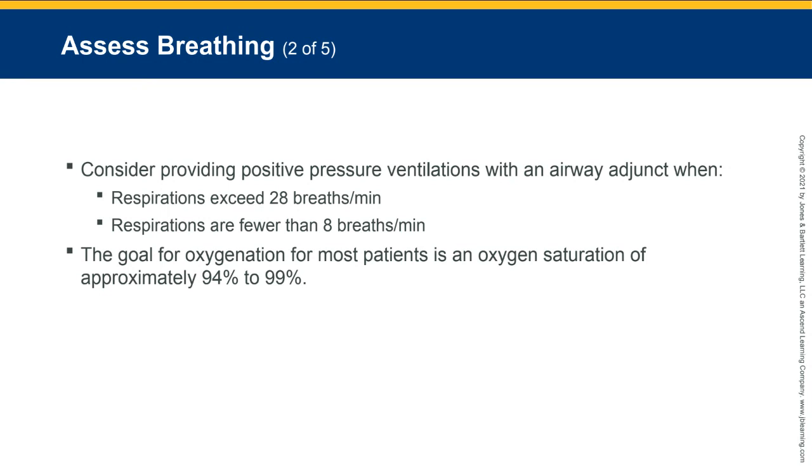Now, the goal for oxygenation for most patients in an oxygen is an oxygen saturation of approximately 94 to 99%. However, bear in mind that a patient with chronic lung issues or chronic lung problems will never have a normal pulse ox. It doesn't matter how much oxygen you give them.